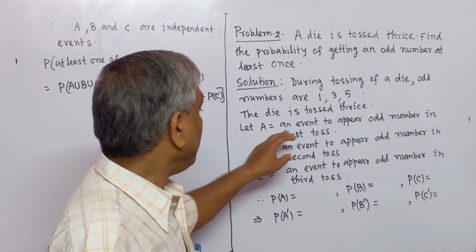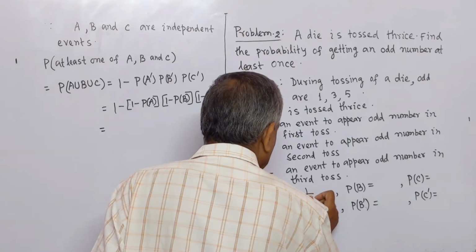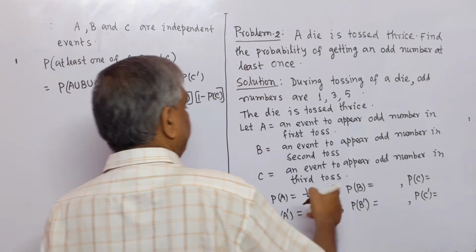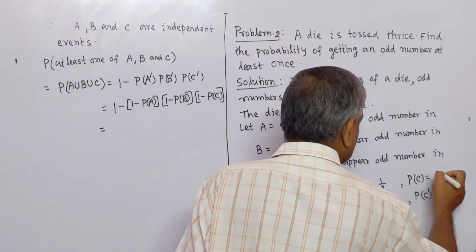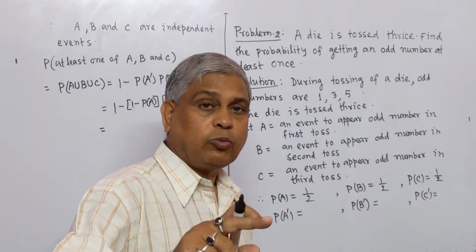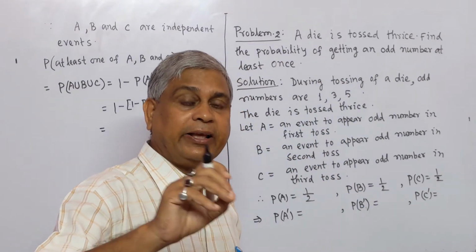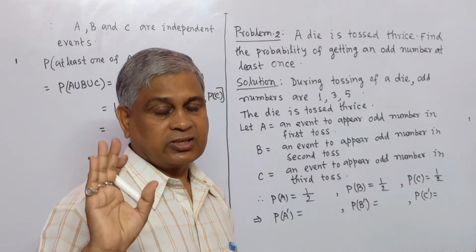Probability of A will be half, probability of B will be half and probability of C will be half, because odd numbers are 1, 3, 5 and even numbers are 2, 4 and 6.